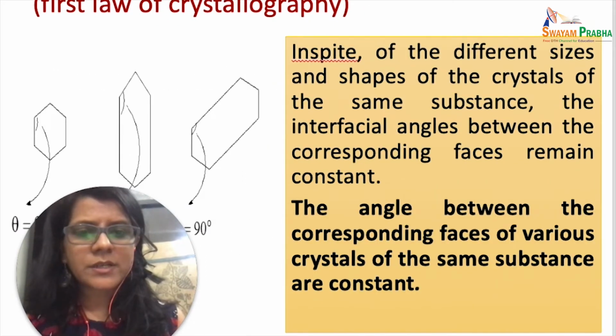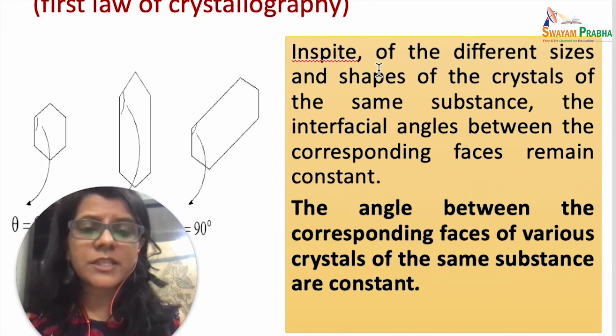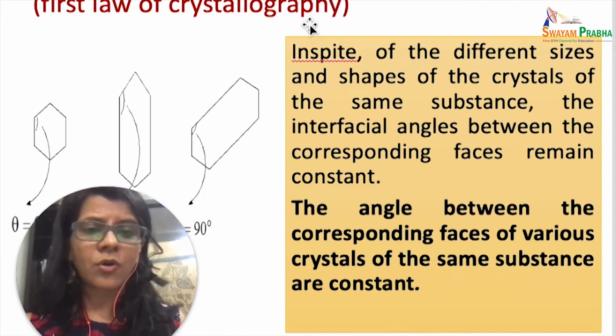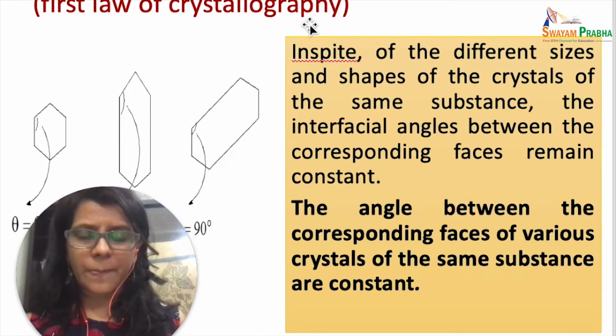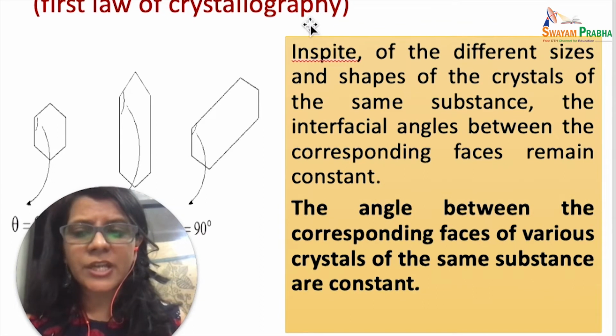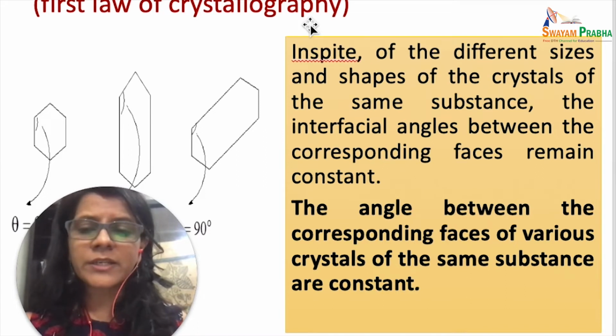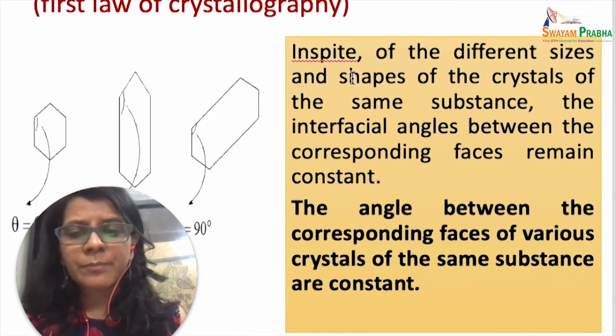Now what is Steno's law of constancy of interfacial angles? This is also called the first law of crystallography. The size and shape of the crystals of one and the same substance may vary with the conditions under which the crystallization occurs.